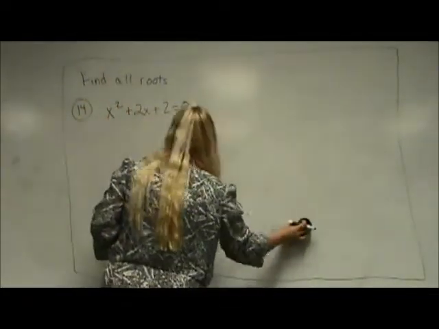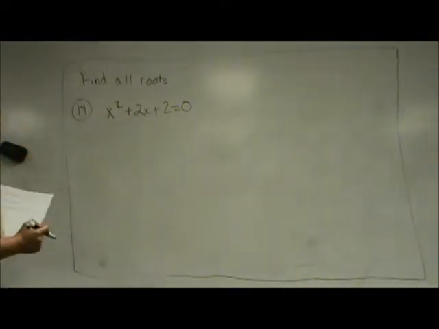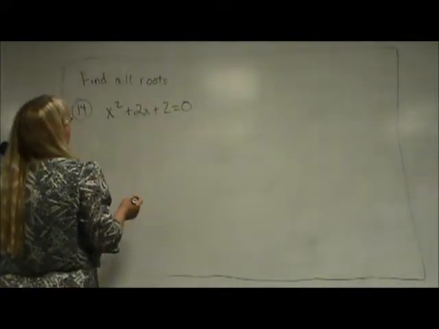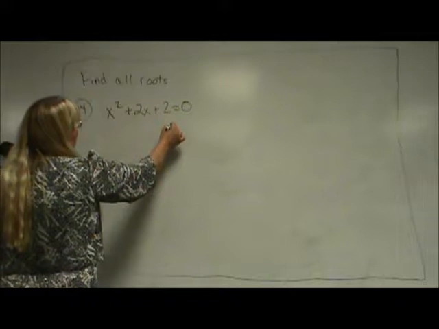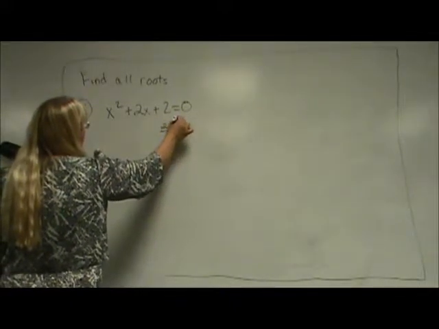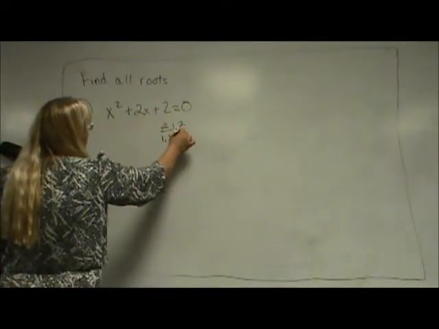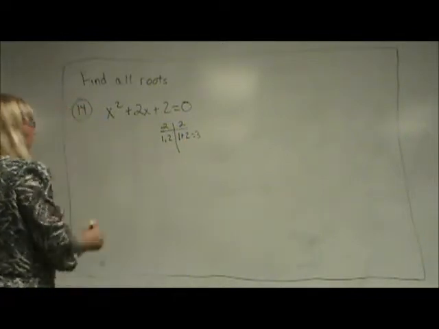My next one is x squared plus 2x plus 2 equals 0, already in standard form for me. So let's see what I can do with this. I have a 2 and a 2, so that would be 1 and 2, so that would be 1 plus 2. So it looks like I'm going to have to go to the quadratic formula again.